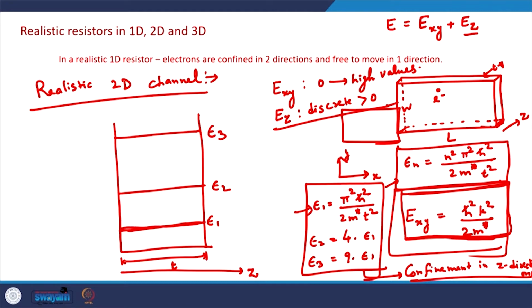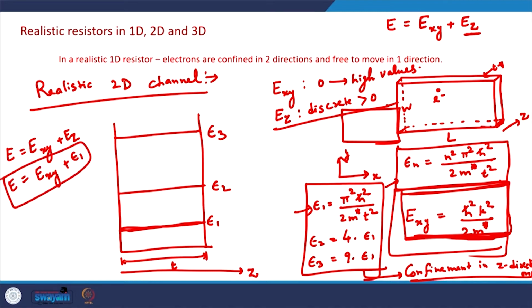Okay. So, let us say the electron has energy epsilon 1 in the z direction, or the electron is in the lowest possible state in the z direction. Then, because of the energy in the xy direction, the total energy of the electron, which is essentially the sum of EXY plus EZ, with EZ equal to epsilon 1, would be EXY plus epsilon 1.